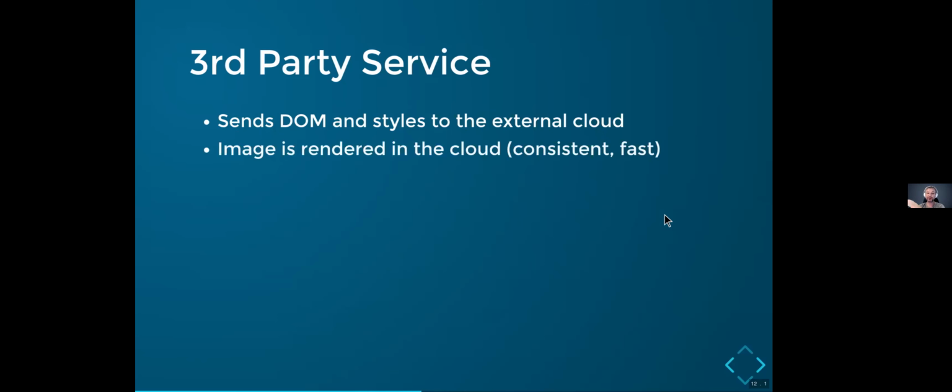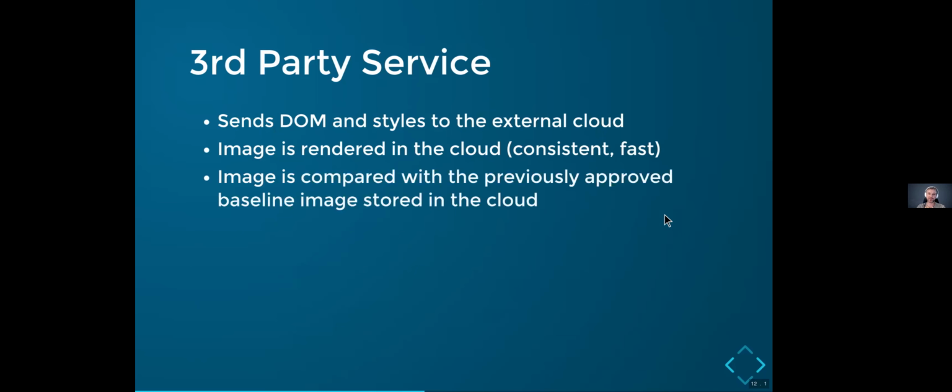That's why they will render the image consistently, because they use the same browser locked on the same machine. So every time you render from that DOM snapshot, it will give you the same pixels. Also, because they have a cloud of machines, if you send them hundreds of images, they're all split and queued up and processed as quickly as possible. Now, the baseline images in that case will be stored on the third-party image provider, right?